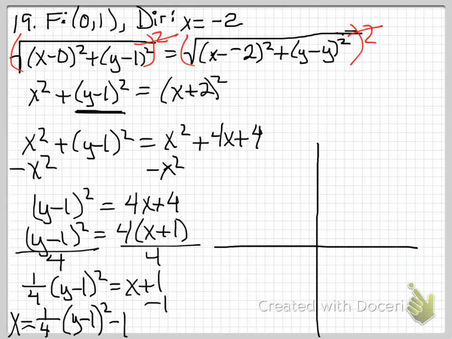Okay. k is positive, so my vertex, oops, wrong pen. Let's just do it in that color, that's fine. My vertex is at, my k is positive 1. My h is negative 1.